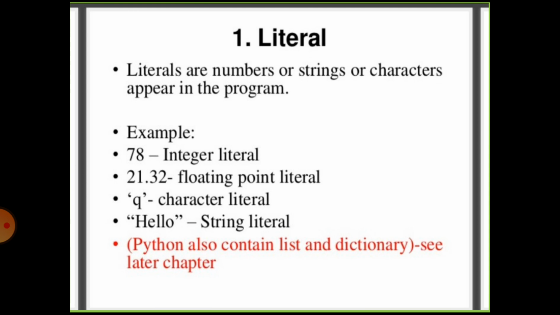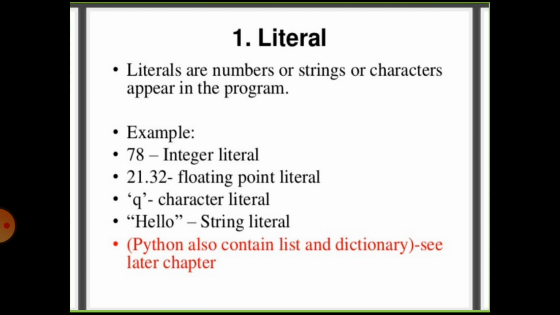Here are some examples of literals. The first one is an integer literal, that is 78. 21.32 is a floating point literal because there is a fractional part. The next one is a character literal: only one character in single quotes. The next one is a string literal because it has a number of characters, a word.